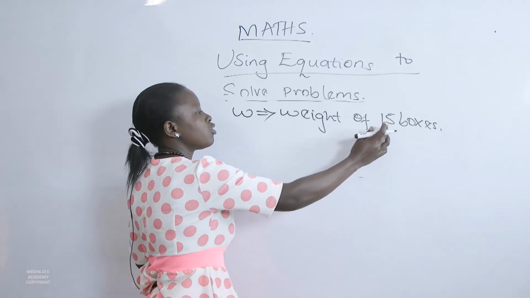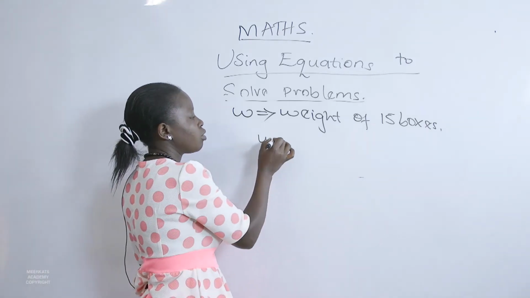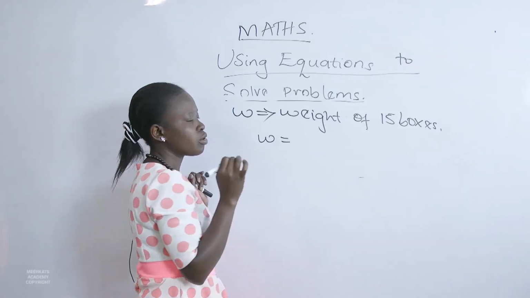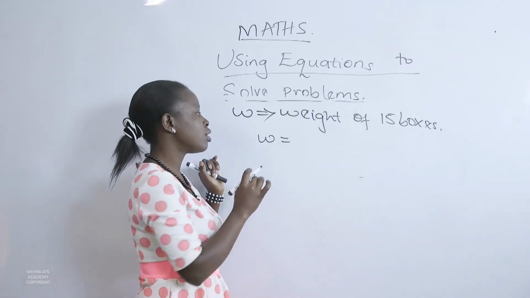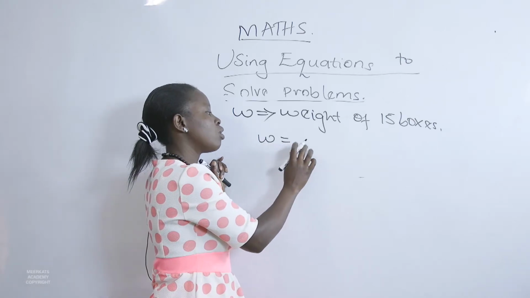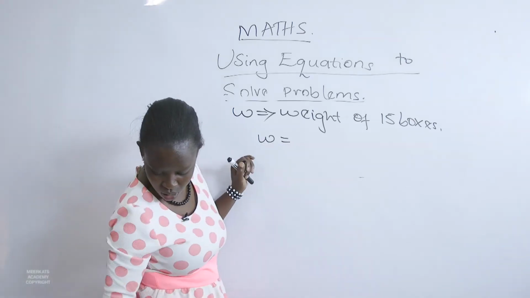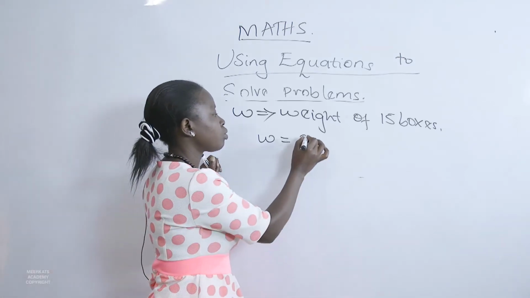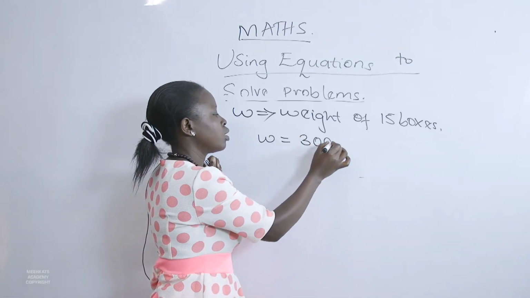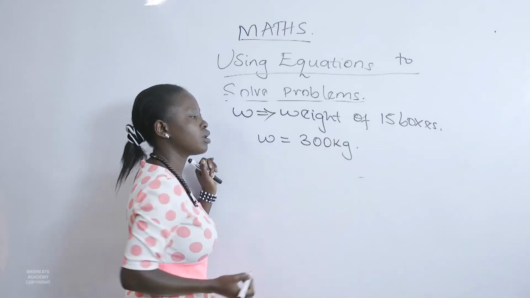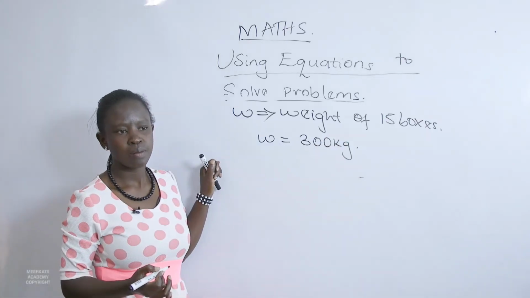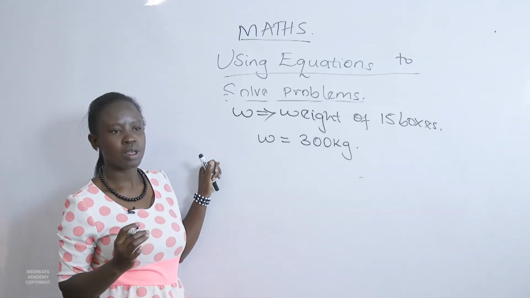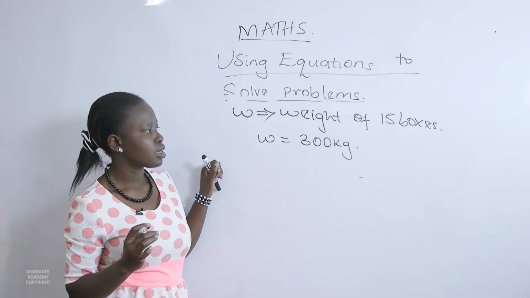So if W is equal to the weight of the 15 boxes, that means that W is equal to the 300 kilograms.